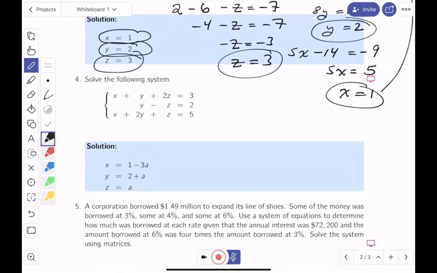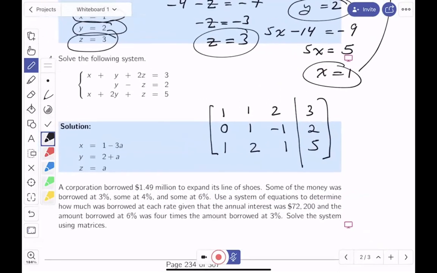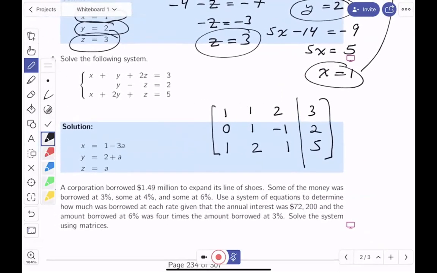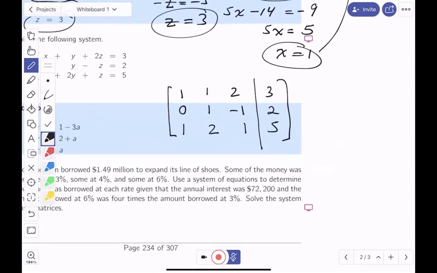And the augmented matrix is going to be 1, 0, 1, 1, 1, 2, 2, minus 1, 1, 3, 2, 5. All right. Let's see if I copied it right. 1, 0, 1, 1, 1, 2, 2, minus 1, 1. Yep, looks like they're pretty good.